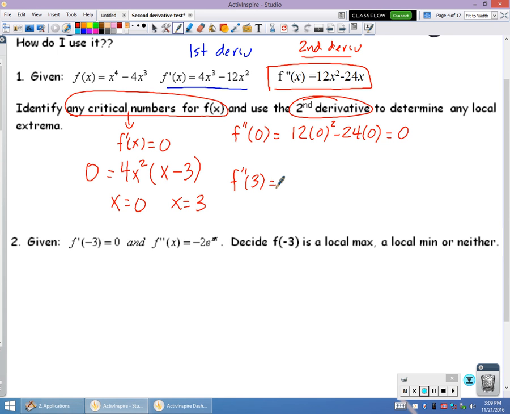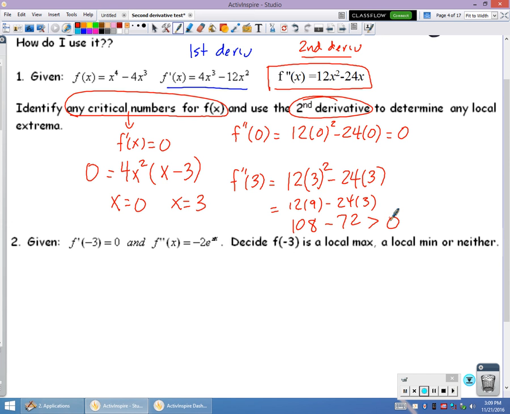So when we substitute 3 into the function, 3 squared is 9, 9 times 12 minus 24 times 3, so that would be 12 times 9 minus 24 times 3, so 9 times 2, 72, which is greater than 0.